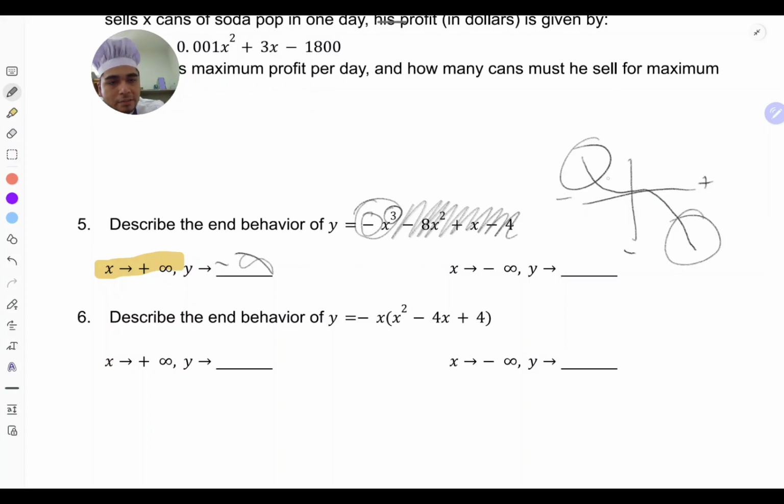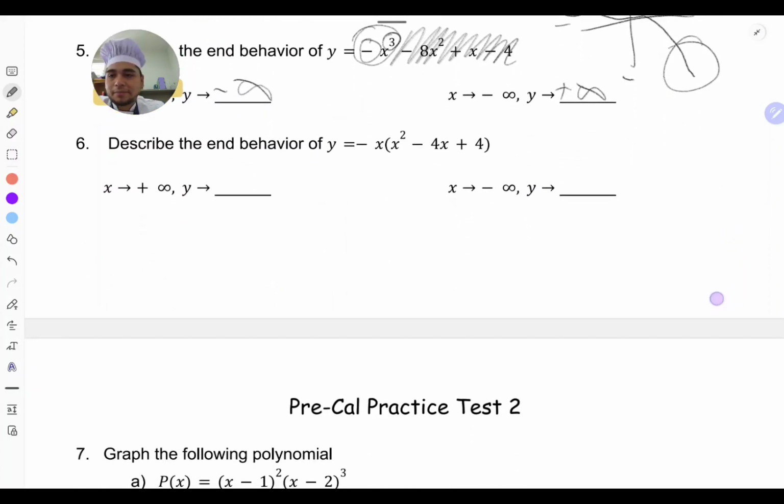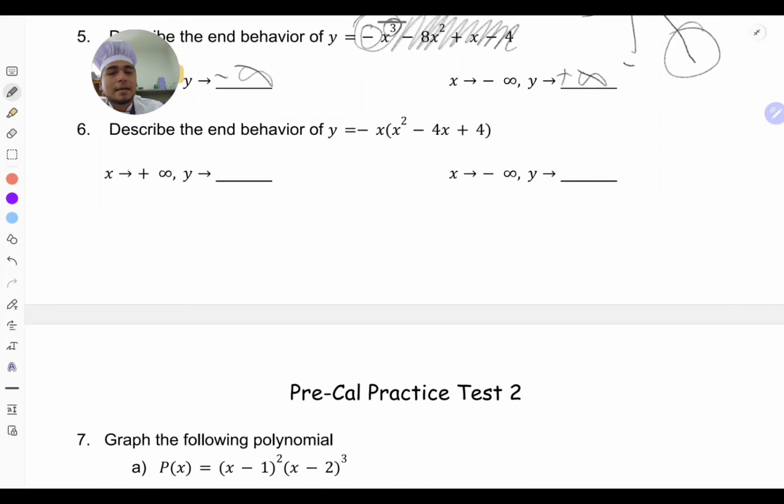Y is getting closer and closer to positive infinity. And there we go. That's the answer for number 5. What about number 6? Again, we're trying to describe the end behavior. Here, we have no idea what it's going to look like.